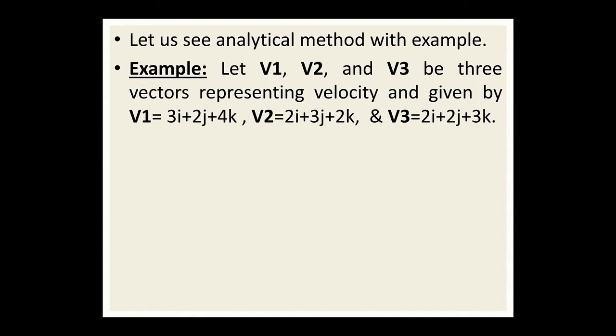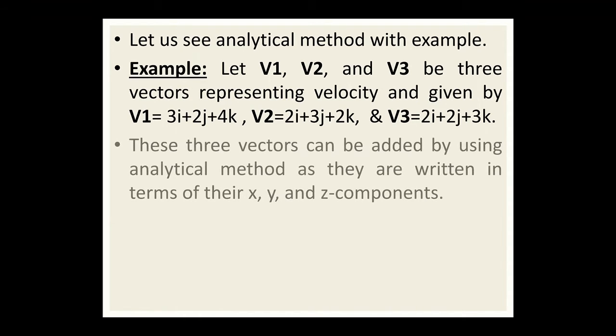Similarly, v2 is written as 2i plus 3j plus 2k. Here 2i, 3j and 2k are the x, y and z components of v2 respectively. And v3 is written as 2i plus 2j plus 3k. Here 2i, 2j and 3k are the x, y and z components of vector v3.